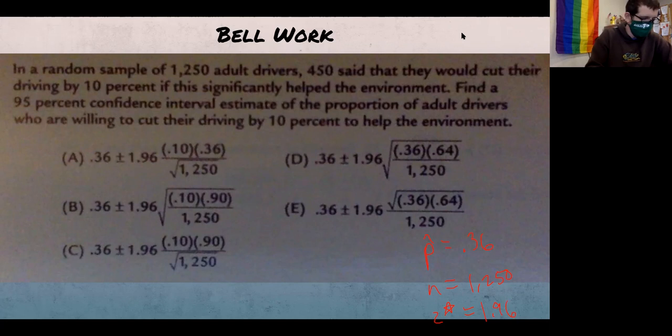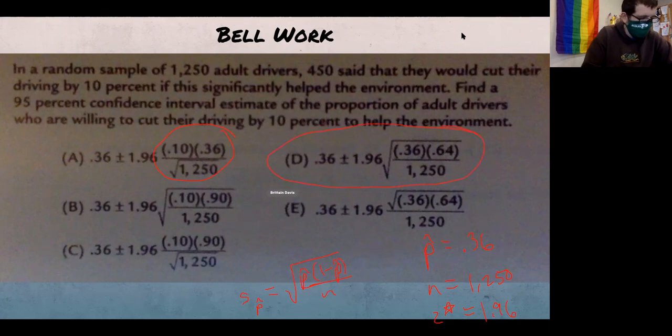So anyways, it comes down to just the standard error calculation. And we know that the standard error calculation for proportions is going to be the square root of p hat times 1 minus p hat, divided by n. And the reason is between B and D, those are the only two that are set up the right way. D is correct.